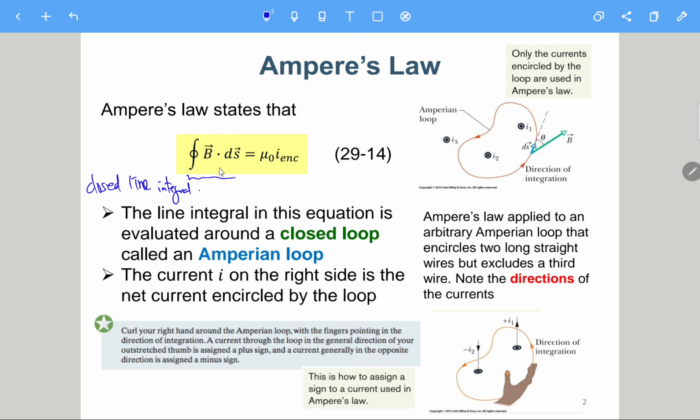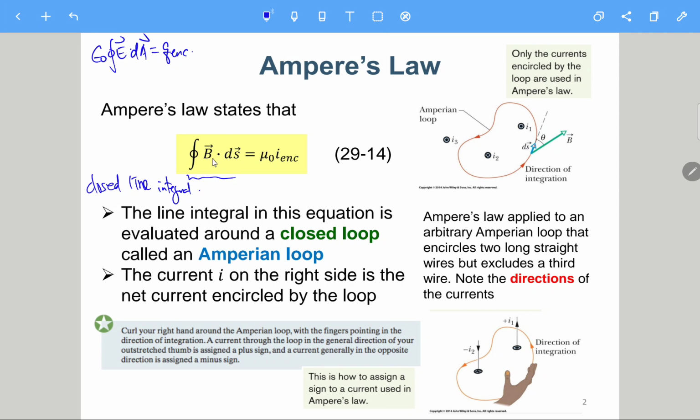So here on the left side it is nothing but a line integral, and on the right side it is mu0 I enclosed, somewhat similar to Gauss' law. For Gauss' law, the left side is a closed surface integral, or the Gaussian integral, and on the right side it is multiplied by epsilon naught. If you still remember Gauss' law, it is E dot dA equals Q enclosed over epsilon naught.